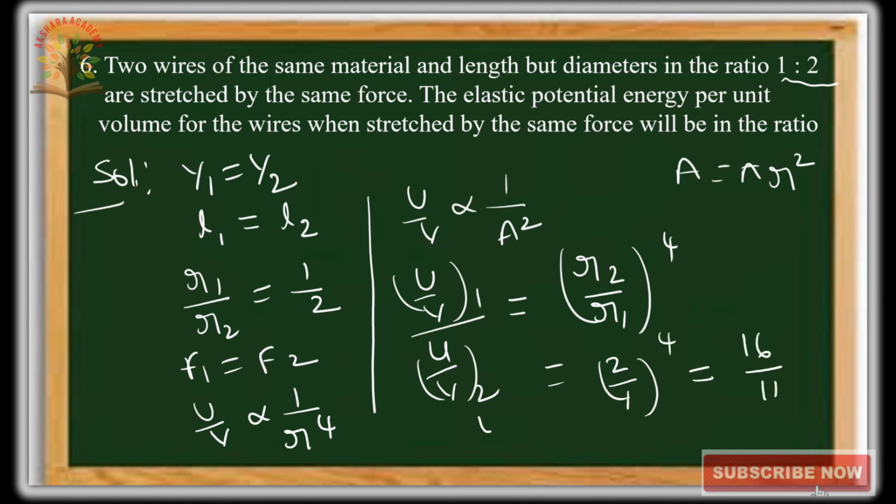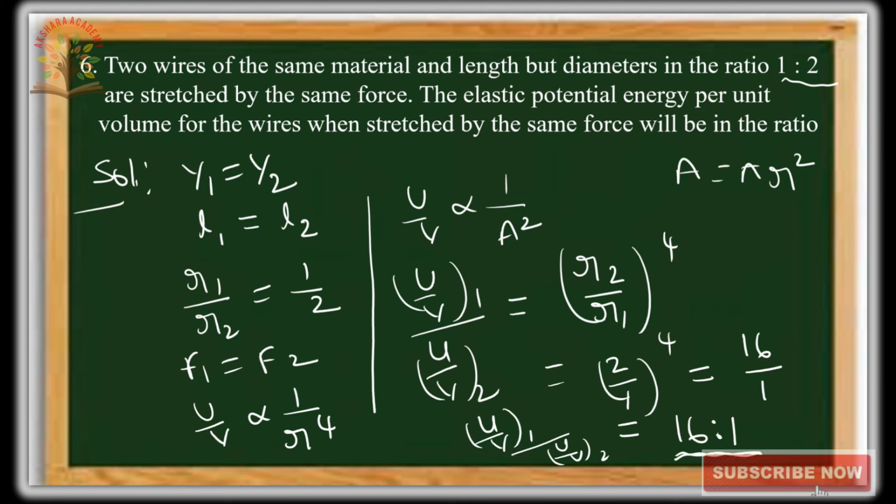So U by V of 1 by U by V of 2 is equal to, finally the answer is 16:1. Okay. Finally the answer is the elastic potential energy per unit volume for the wires when stretched by the same force will be in the ratio 16:1.